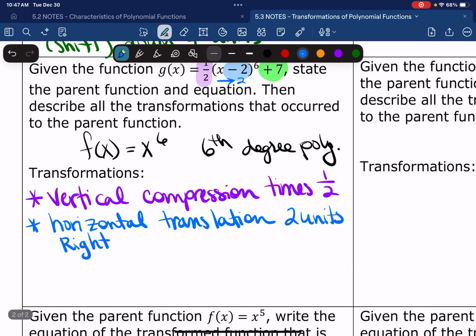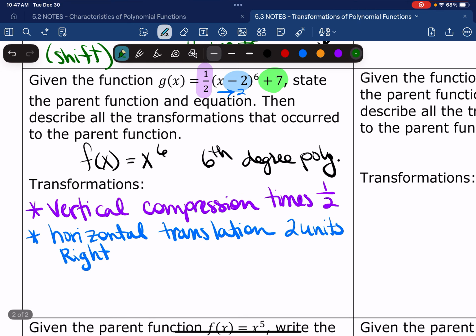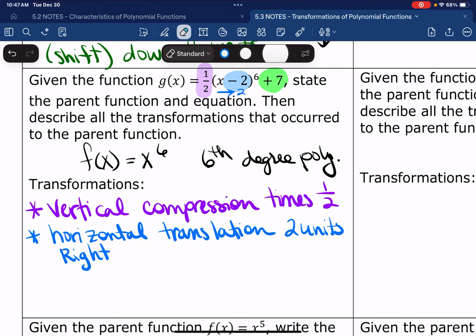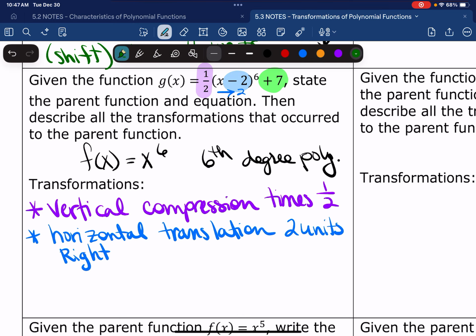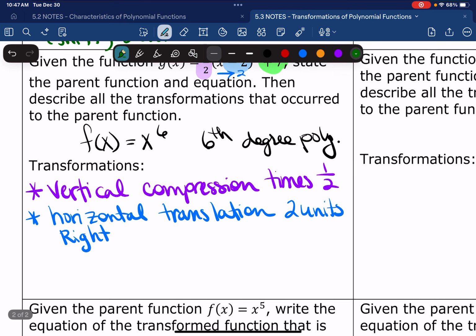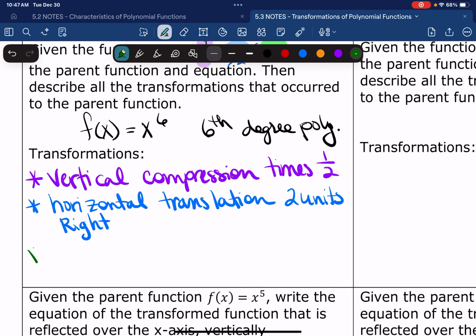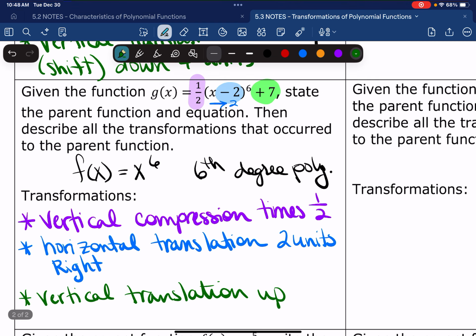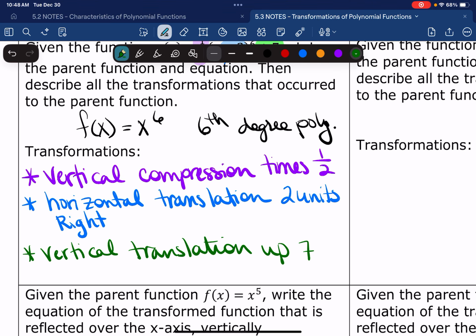Now the plus 7, it is not in parentheses with our x variable, so it's changing our y values, right? It's changing our y values. So when we add 7 to the y values, it's a vertical translation up 7 units.